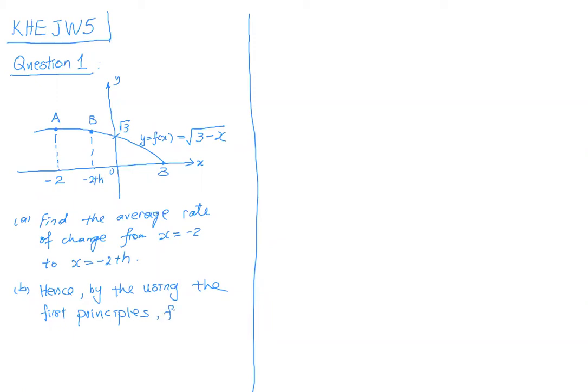Find the gradient to the curve y equal to square root of 3 minus x at x equal to -2. Okay.